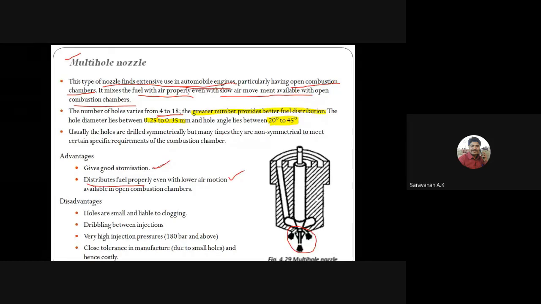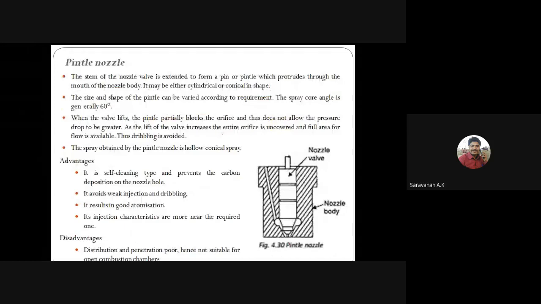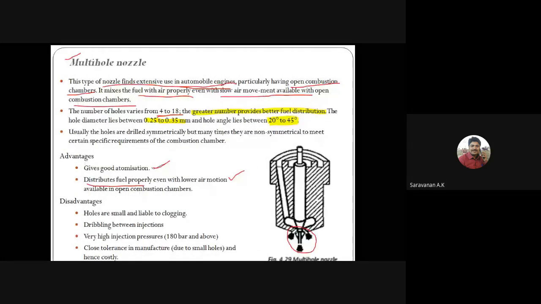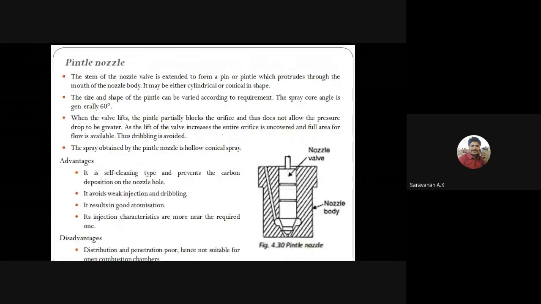Then the spindle nozzles. These two nozzles, the single-hole nozzle and the multi-hole nozzle, will be used in the open combustion chamber. But in the spindle nozzle, we have an extra projection. That projection is called a pin or a pintle.